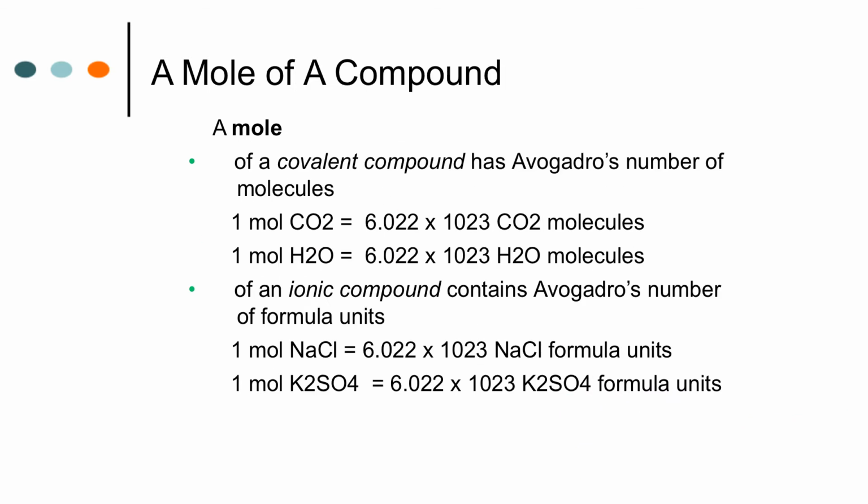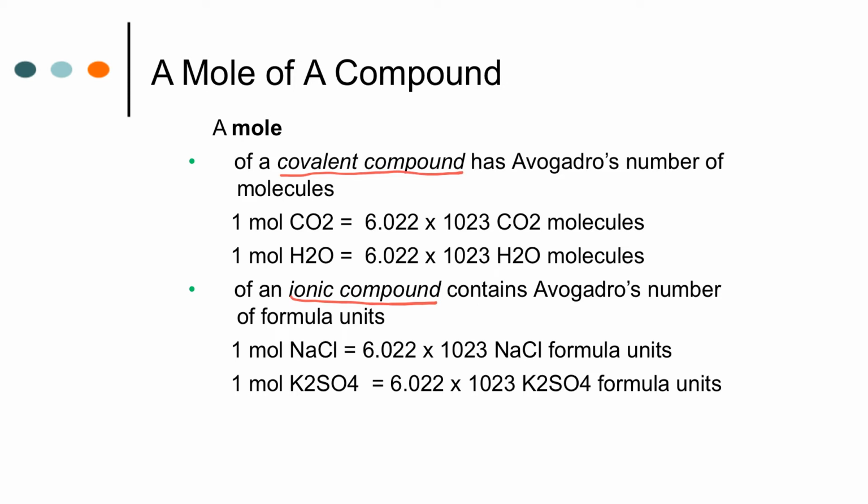Okay, moving on. So we can also look at moles of a compound. It's going to be a little bit different when we look at covalent compounds versus ionic compounds. Covalent compounds are called molecules.